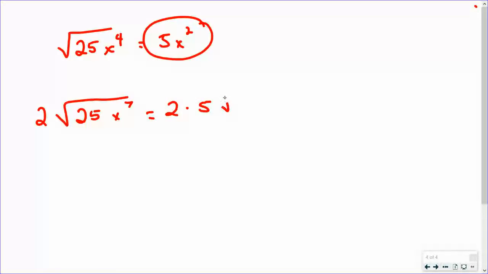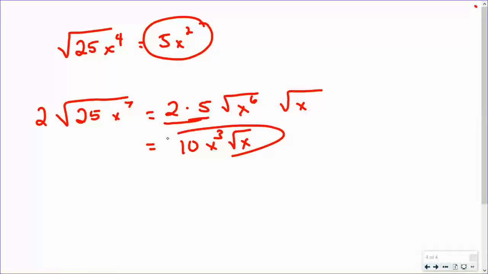Now I'm going to break down x to the 7th into two different things: x to the 6th and x to the 1st. When I break this down, these two things multiply together, so I get 10. This comes out as x to the 3rd, and this stays in there as x. So that's all I have with this one.